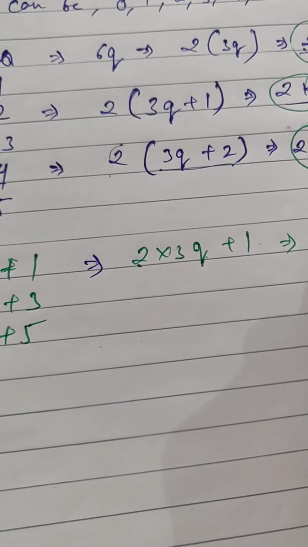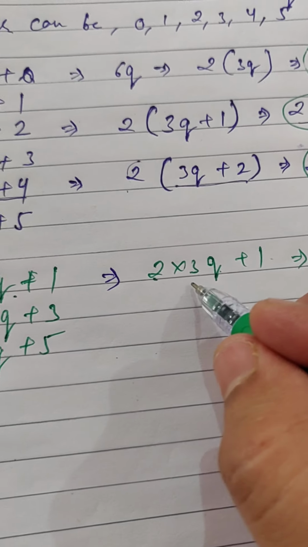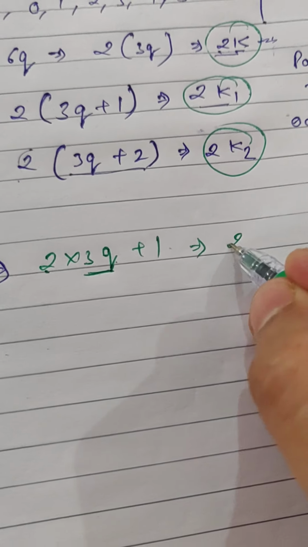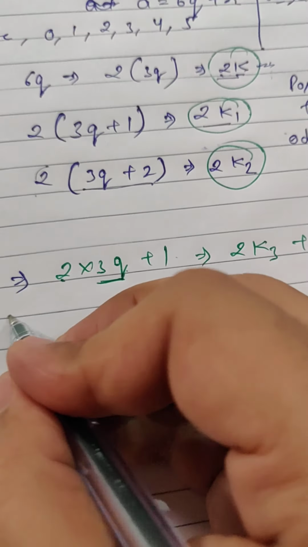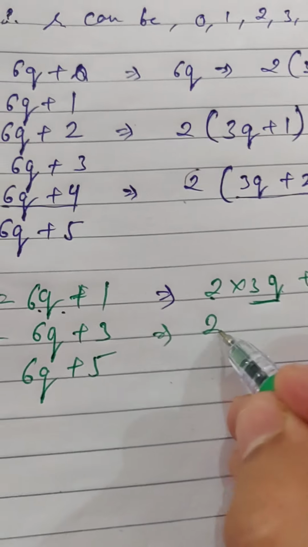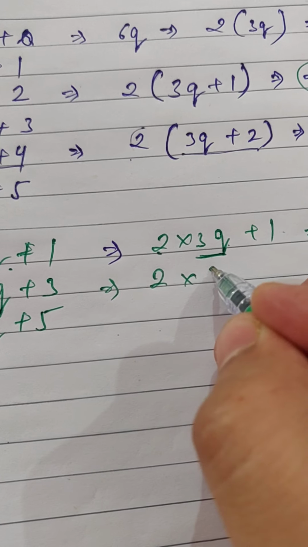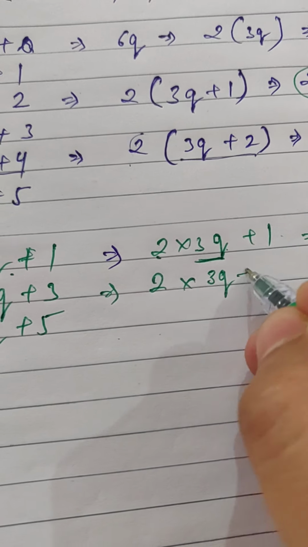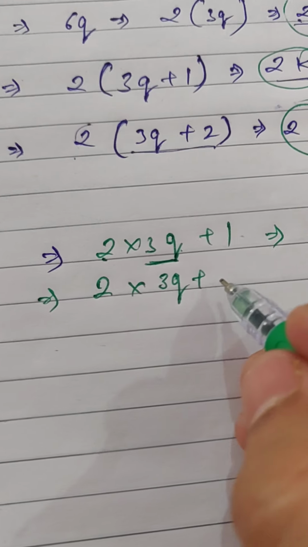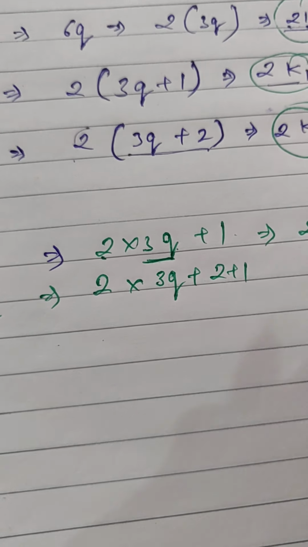So can we write this 3q as 2k3 + 1, taking 6q again as 2 into 3q plus 3, which can be written as 2 + 1.